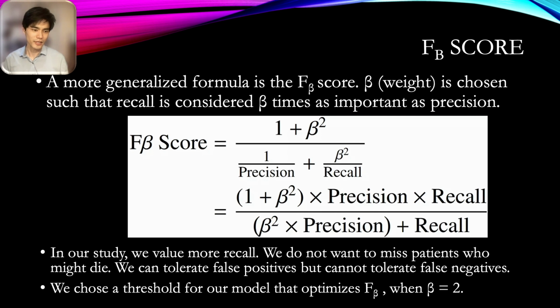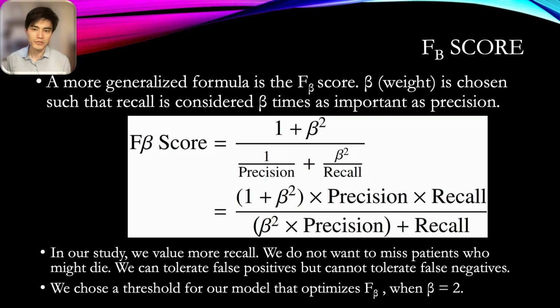Let's say the machine says that this person is going to die, but doesn't end up dying. Then that's fine, we could tolerate that. But if the machine says that this person will not die, this person will survive, and yet they end up dying, we cannot tolerate that. So we want to make sure it's more sensitive and we could sacrifice precision a little bit more.